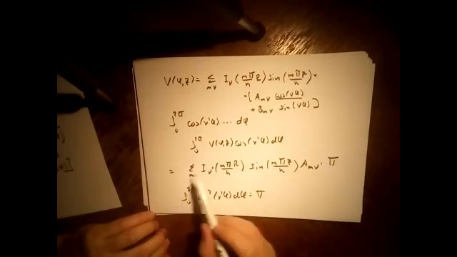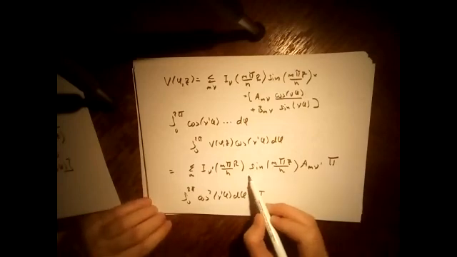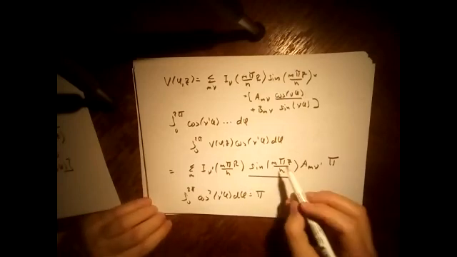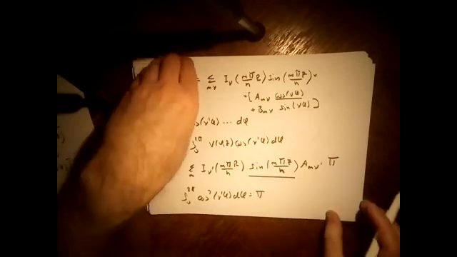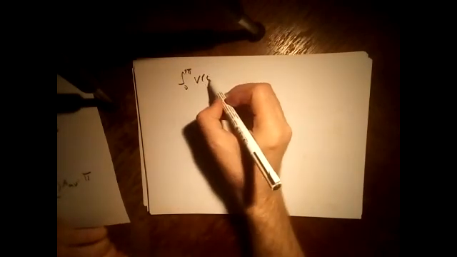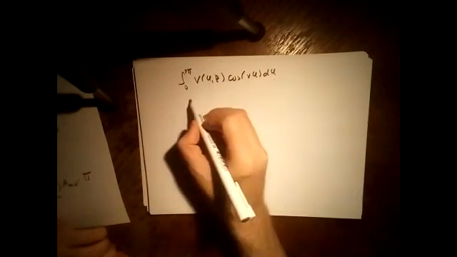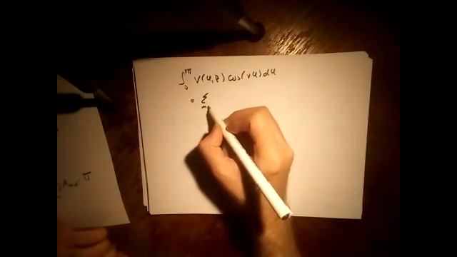Okay, so that's one. And the second thing we have to do, of course, is to integrate this against another sine function. So where are we now? Right now we are at the integral from 0 to 2π of v(φ, z) cos(νφ) dφ, and that's equal to the sum.